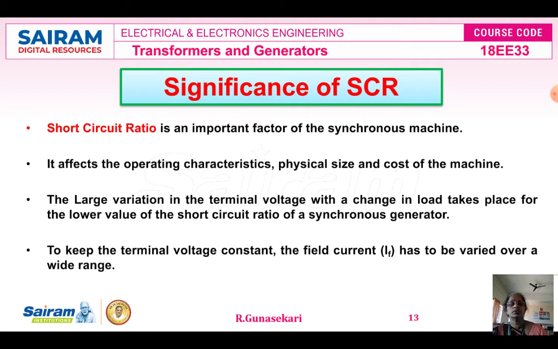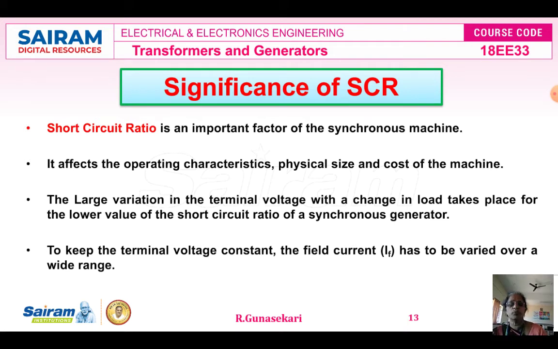Suppose large variations happen in the terminal voltage V with the change in the load. That means the short circuit ratio is a lower value. The terminal voltage variation is high with the change in the load.